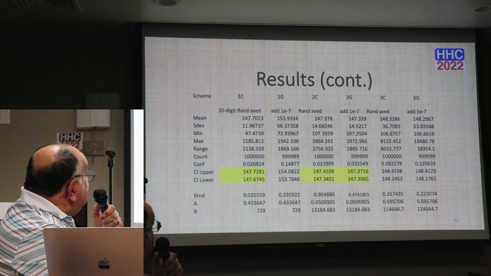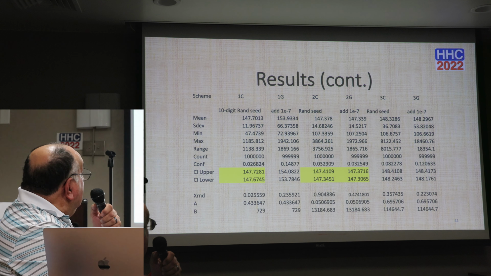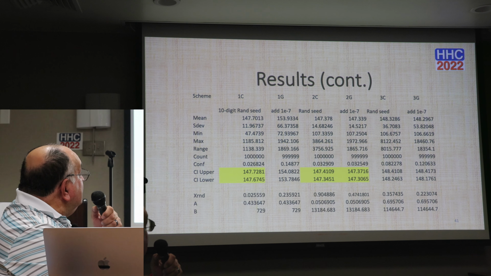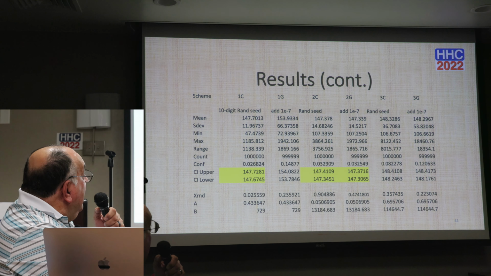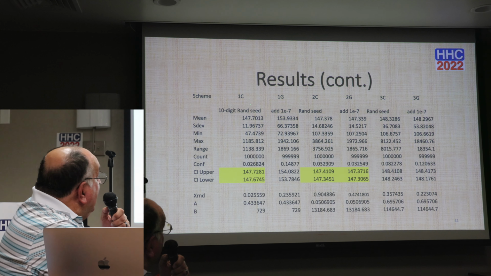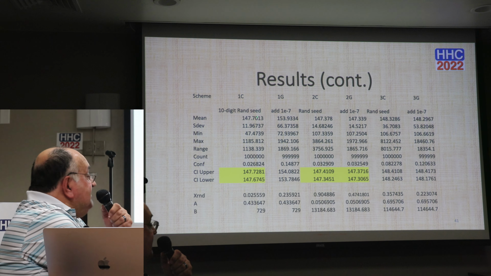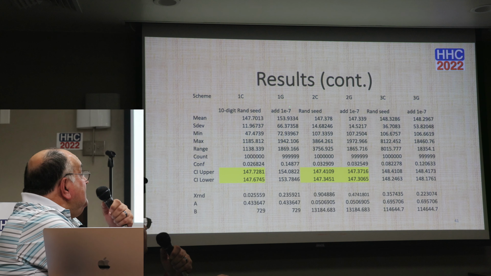When we do the second stage results, algorithm 1 does well with 10 digits, and then if you add e to the minus 7, actually it doesn't do well. But algorithm 2 does well with a random seed. Here I'm comparing the best and worst. The best is giving a 10-digit seed, and the worst is only these two.